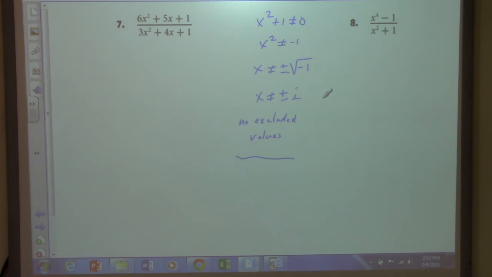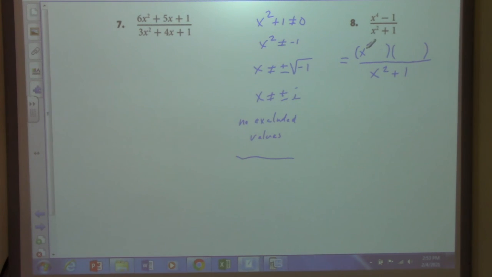Okay, Addie, what next? There's a next step, and what it is involves the numerator. Do you have to factor out the numerator? Can that be factored or not? How do you know it can be factored? Because x squared and x squared equals x to the power of 1.